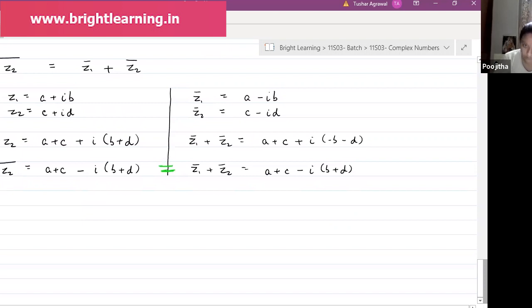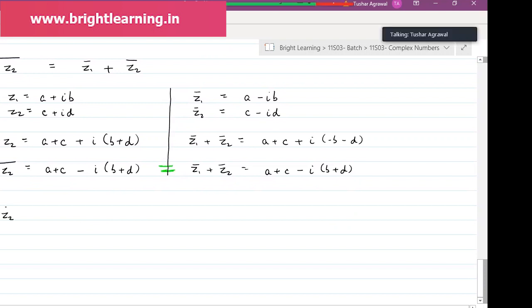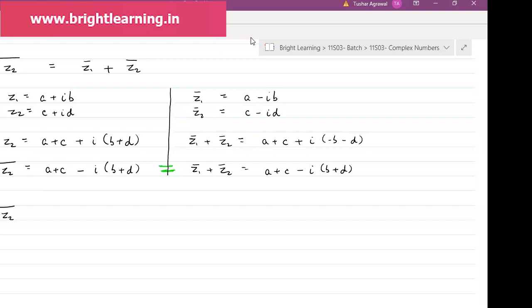With respect to that only, if I tell you Z1 minus Z2 complete bar, where Z1 and Z2 are two complex numbers, find the conjugate of the difference. The conjugate of the complete difference is the first number's conjugate, the second number's conjugate, their difference.